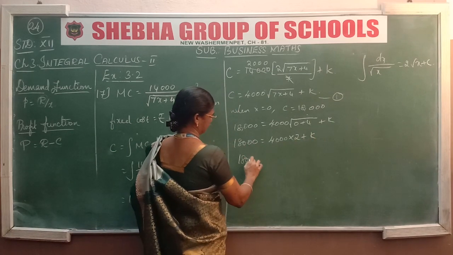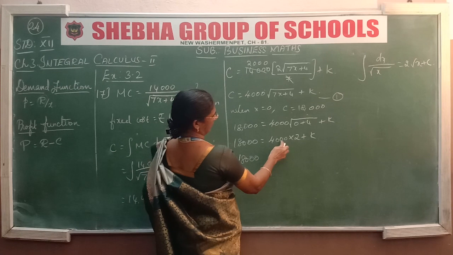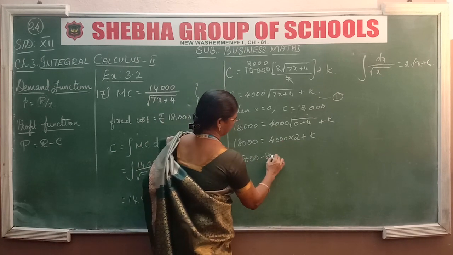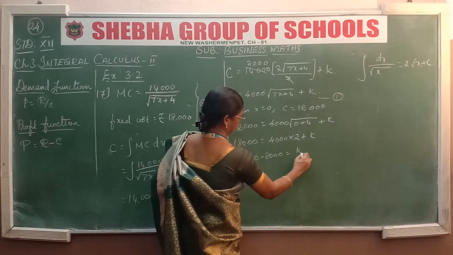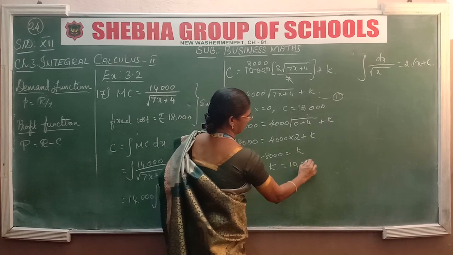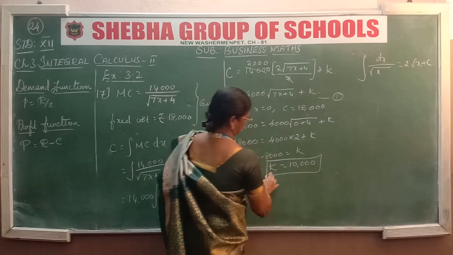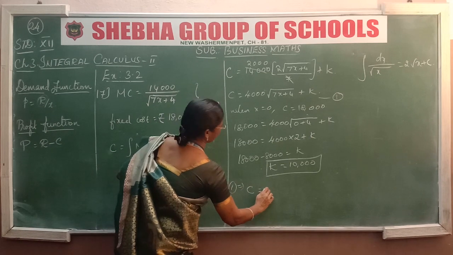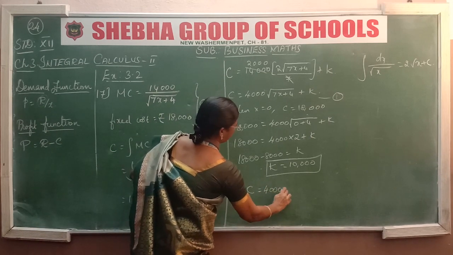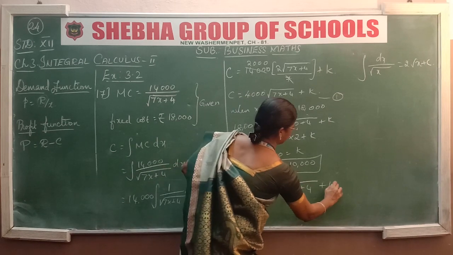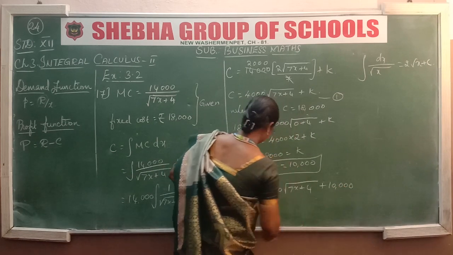So 18,000 and 4 into 2 is 8,000. Bring to left hand side we get minus 8,000 equal to k. Therefore our k value is 18 minus 8, which becomes 10,000. So substituting in 1 we get the cost function C is equal to 4,000 into square root of 7x plus 4 plus 10,000. This is our cost function.